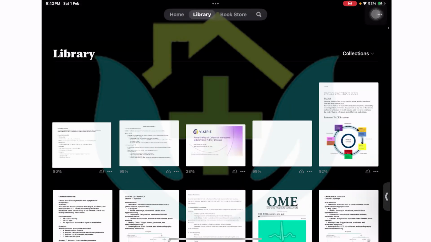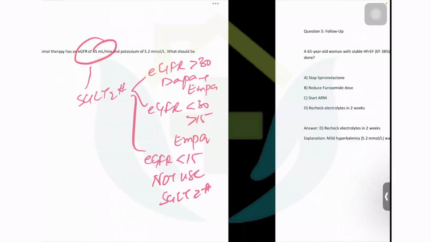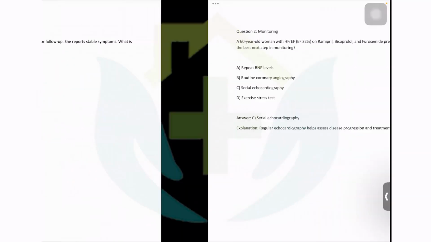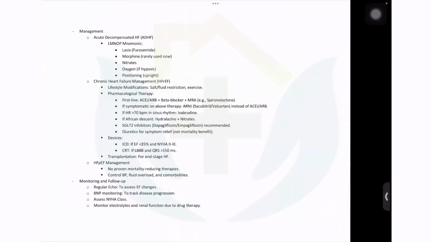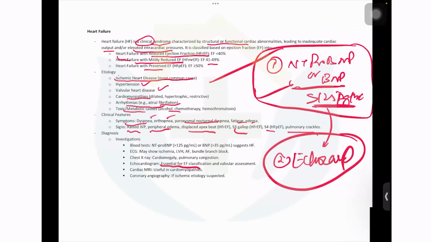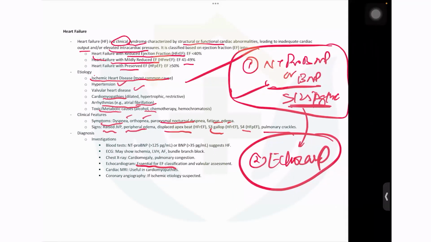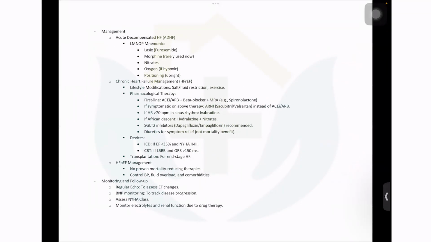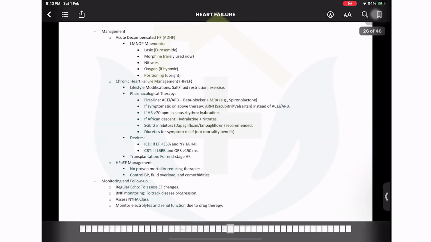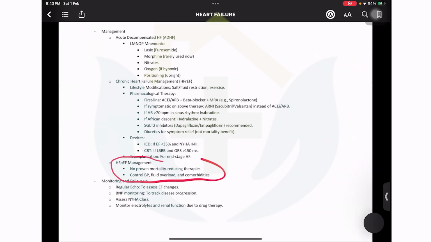They are the only drug which is approved. I told you earlier, to control BP, obesity, fluid overload, the only drug approved is SGLT2 inhibitors. Okay?